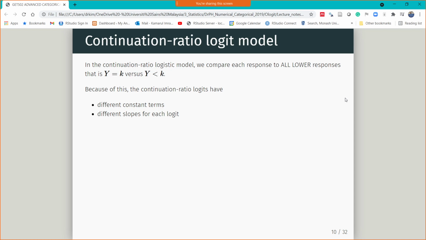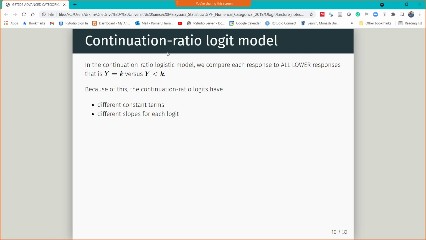Again, this depends on the software or the statistician that designed the software, because all these formulas are quite flexible. You can turn this way, you can turn that way, so it depends on the statistician. If you read Hosmer-Lemeshow, they use this concept.